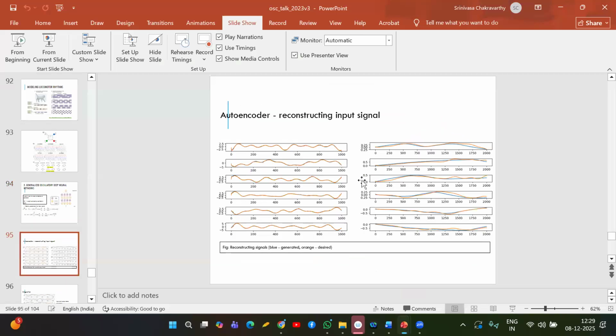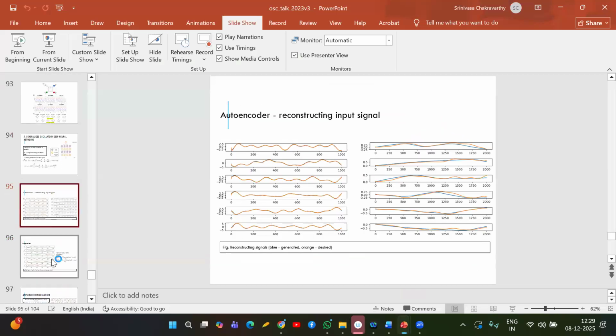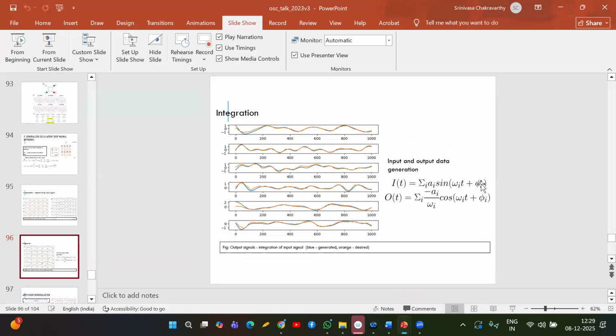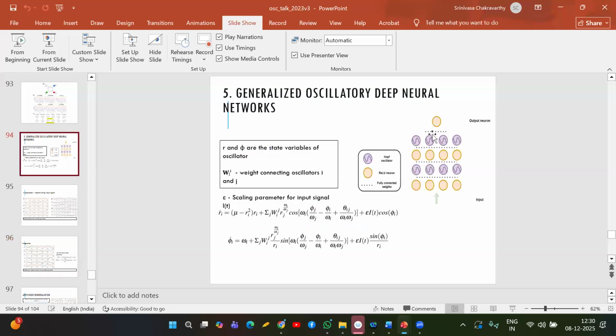Here, for example, I teach it to take input signal I of t and output O of t, and it learns that mapping, just like your deep network. Only the training happens in the hidden layers with all these oscillators.